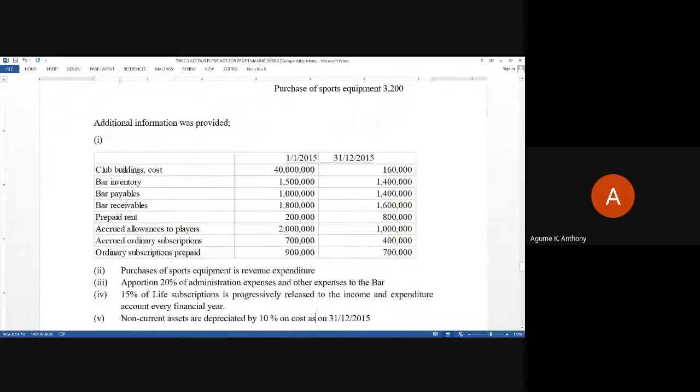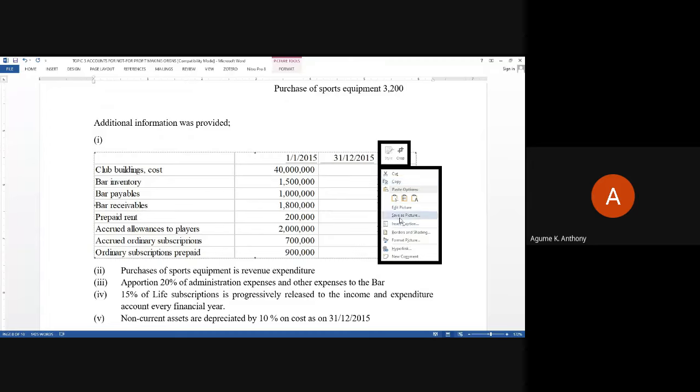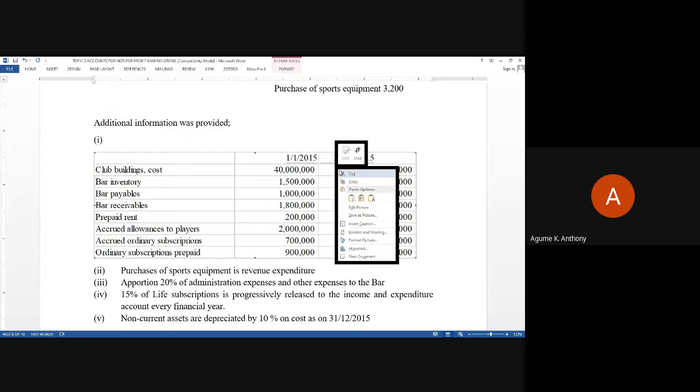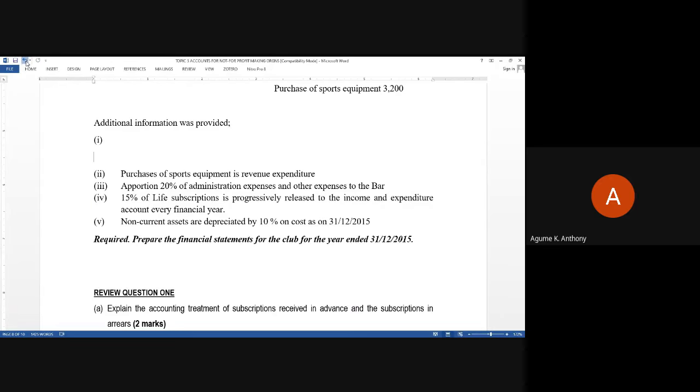Then under additional information, for club building, the cost is 40 million at the beginning of the year. This one you need also to change. The 150 is not there.